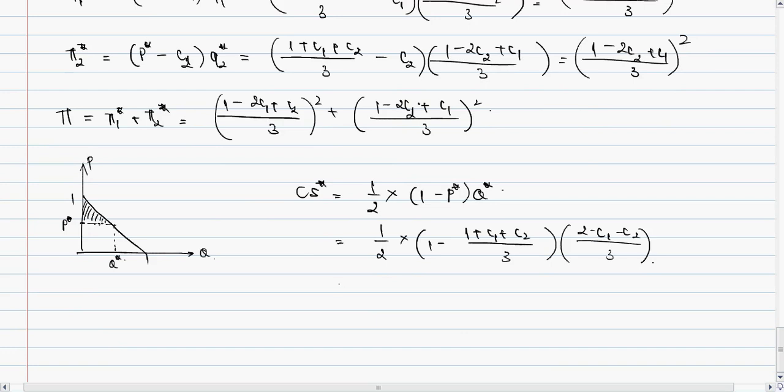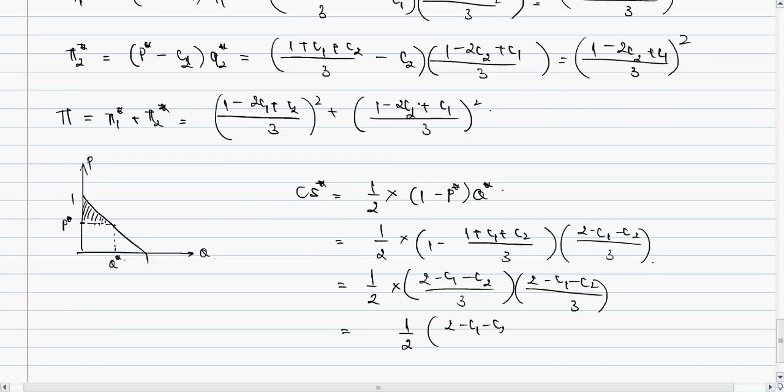Okay, so this is half. The first bracket will give you (2 - C1 - C2)/3, which is exactly the same thing as the thing inside the second bracket. So the consumer surplus is half of ((2 - C1 - C2)/3) squared.